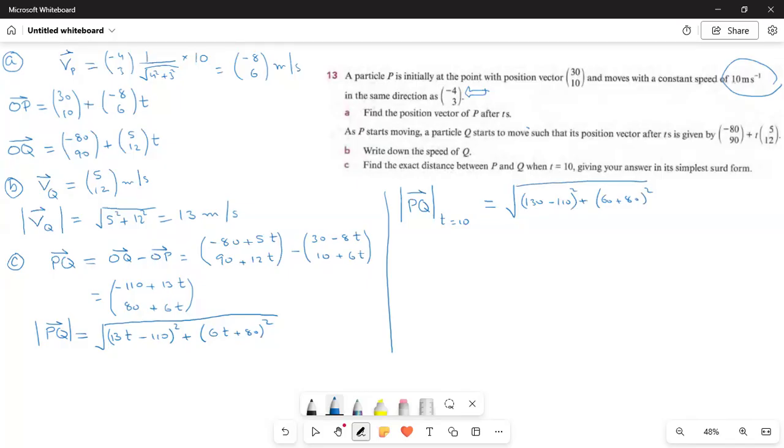Easy. So you can see 130 minus 110 is 20 and its square, and 60 plus 80 is 140. So this whole thing comes out to be the square root of 20,000, which would be 100 times the square root of 2. So that many meters.